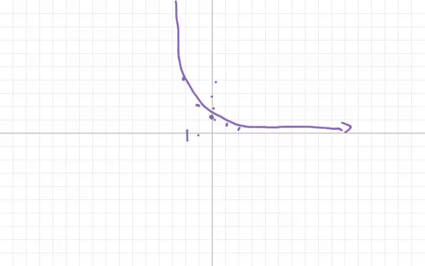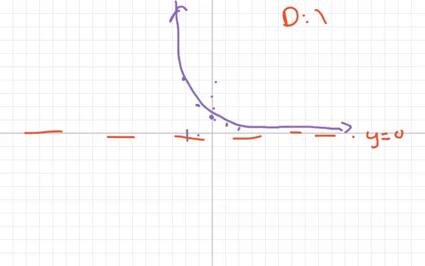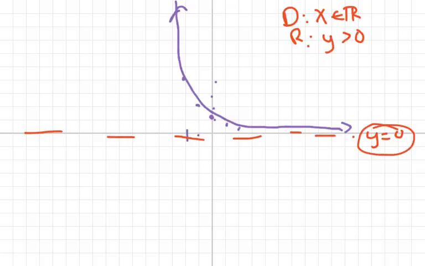We have a horizontal asymptote at y equals 0 here. That's y equals 0. Now, the domain, we can put anything in for the domain. So the domain is all real numbers, and the range is y is greater than 0, because we're starting at our horizontal asymptote there. There's no zeros. Where is y positive?